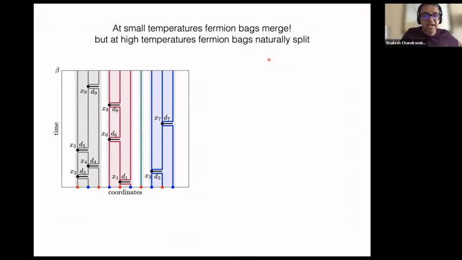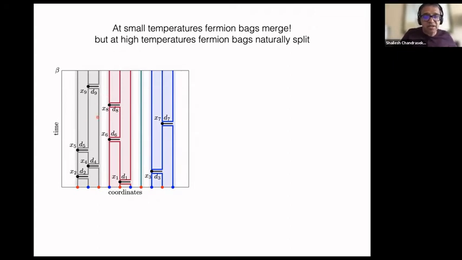Now you might say at very small temperatures, of course, all these bags will merge with each other. And that's always the case for fermion bag approaches, because there are some limits where the fermion bags sort of merge. At that time, typically there is a dual formulation, but in this case, I will not get into that discussion at the moment. So let's say in this case, the temperature is very low, so there are lots of bonds.